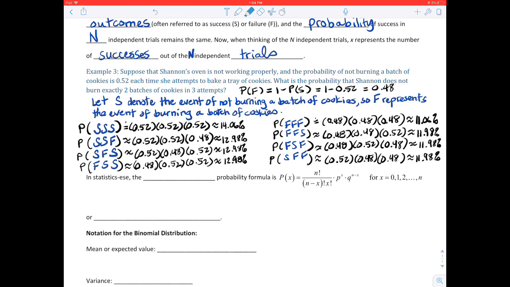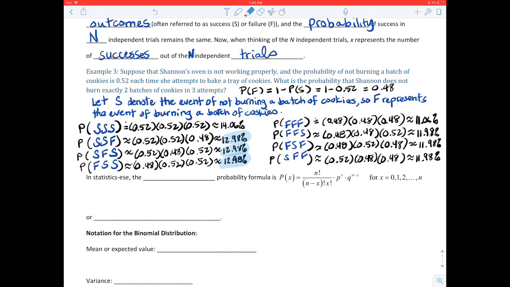So success is not burning, and exactly 2 batches would mean we'd have 1 failure and 2 successes. So these are the situations where we have 1 failure and 2 successes.